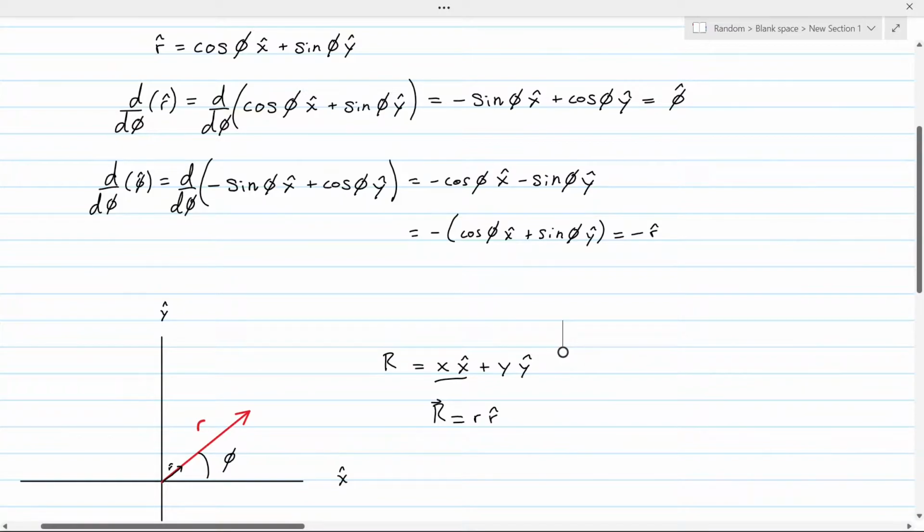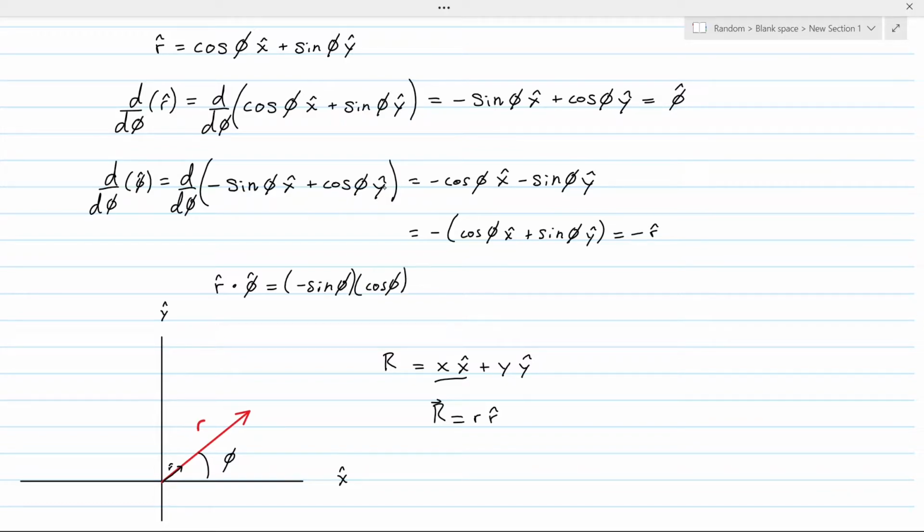The next thing to note is that the dot product between r hat and phi hat is equal to zero.